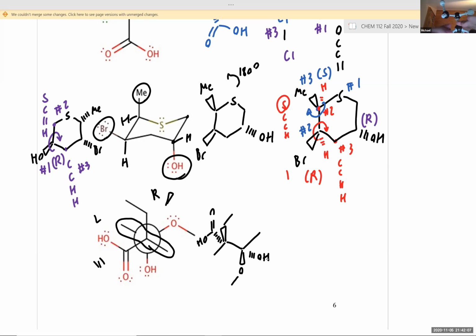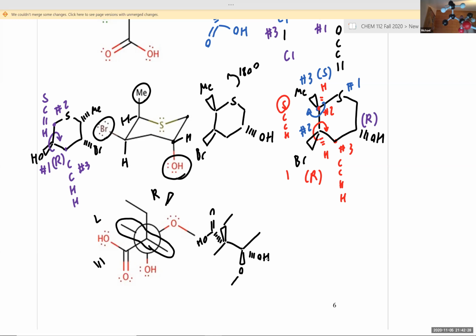Okay, so now that we have that all set up, all we did for rotation is we placed our hands on each of our methyl groups and we rotated our molecule. So here's our current view of our molecule.